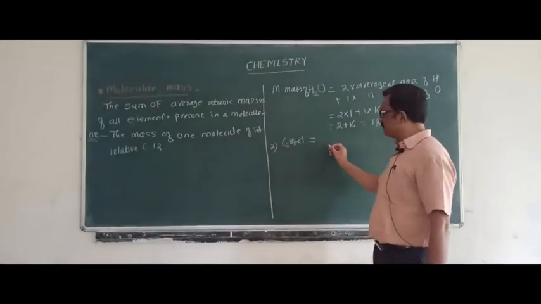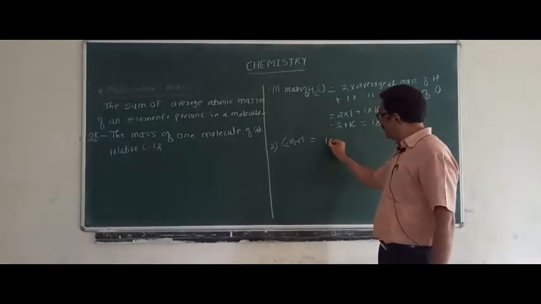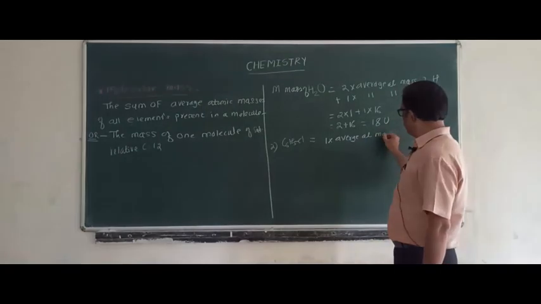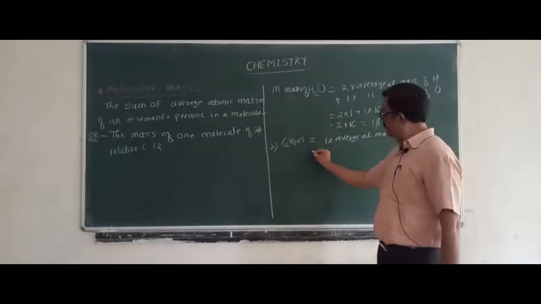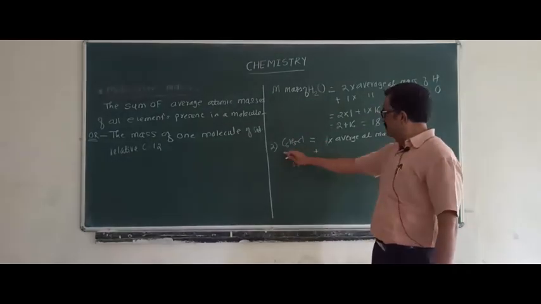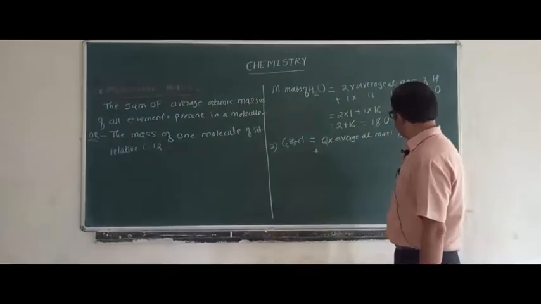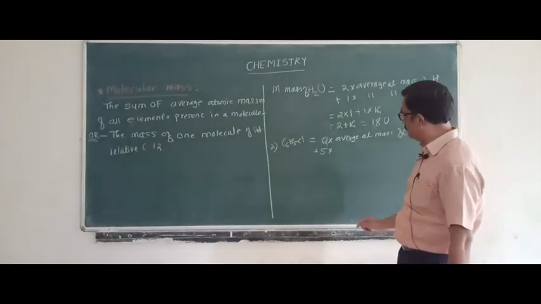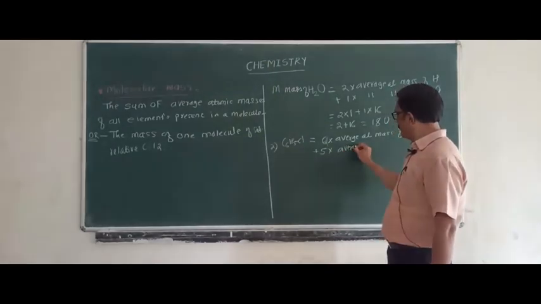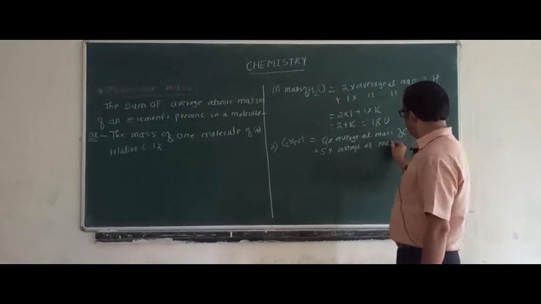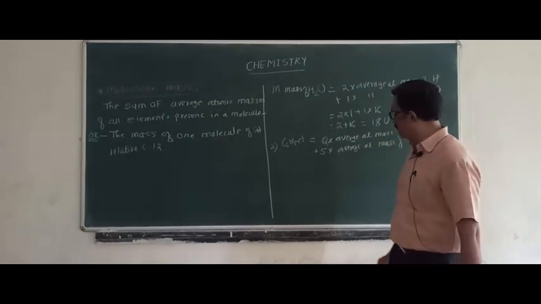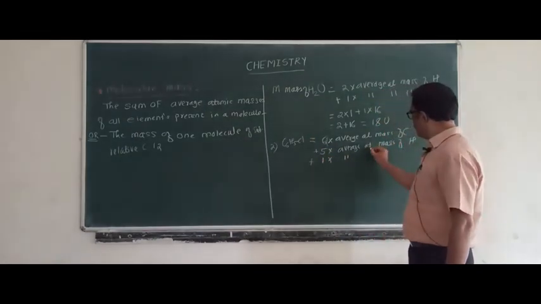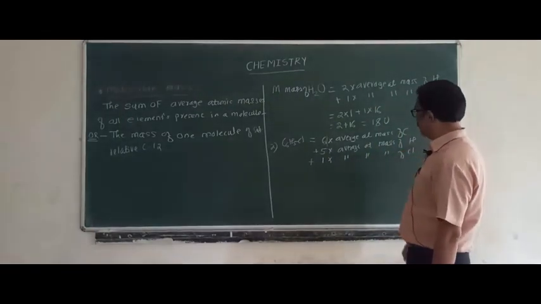Hence, number of atoms of carbon 6 into average atomic mass of carbon, plus number of atoms of hydrogen 5 into average atomic mass of hydrogen, plus number of atoms of chlorine 1 into average atomic mass of chlorine.